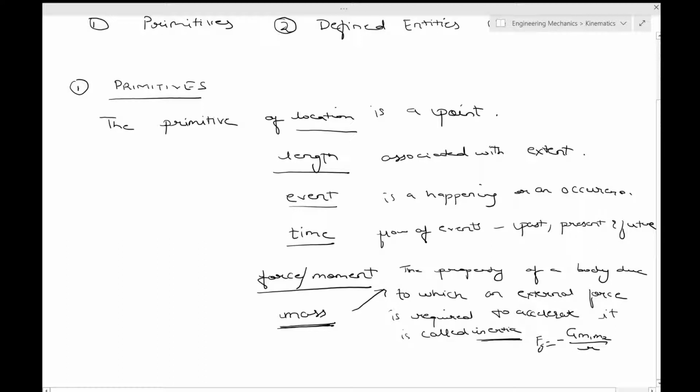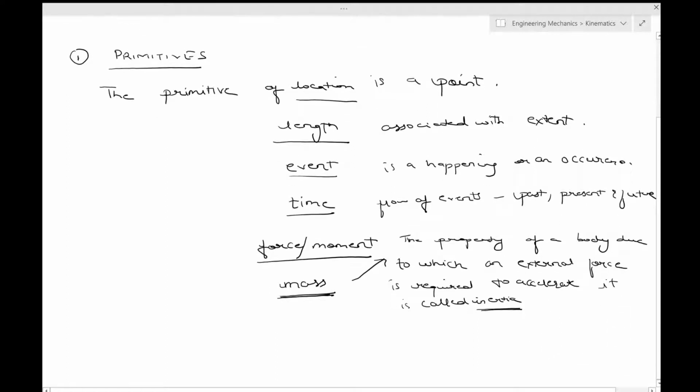Okay, and then you have the concept or the primitive of energy. Okay, it is in the most basic form the capacity to do work, okay, to make things happen and so on.